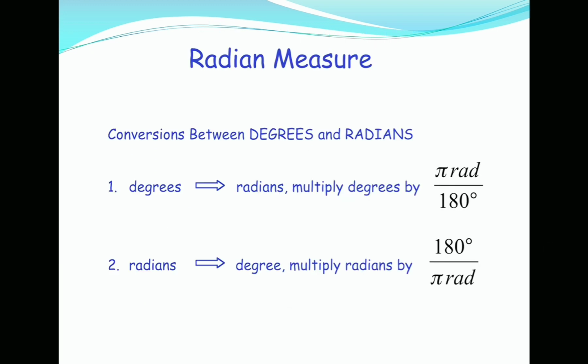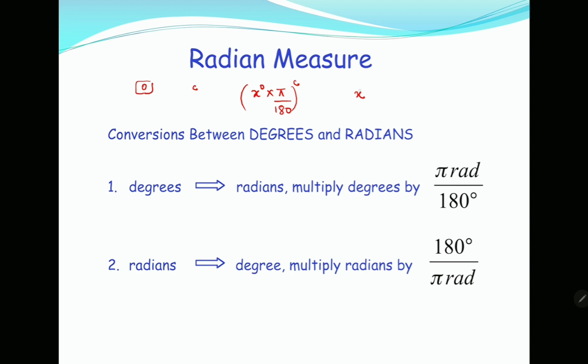Now, most important, whenever you have to make conversions from degrees to radians or radians to degrees, right? Radian measure generally has pi. We use degree symbol for degrees, and radian symbol is c. Now if I have to convert x degrees into radians, I will simply multiply it by pi and divide it by 180 degree. This is radians.